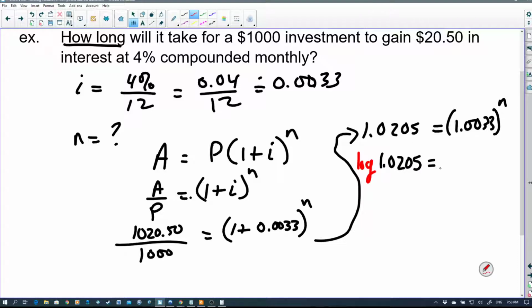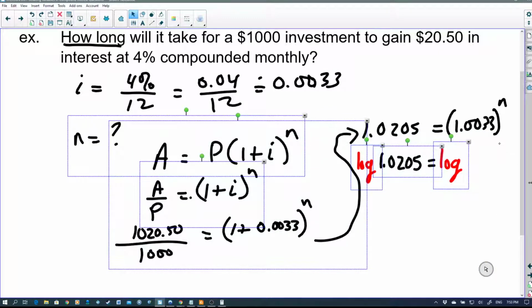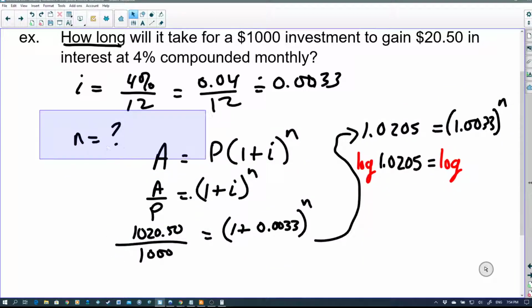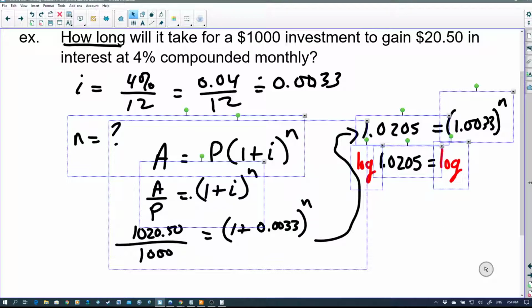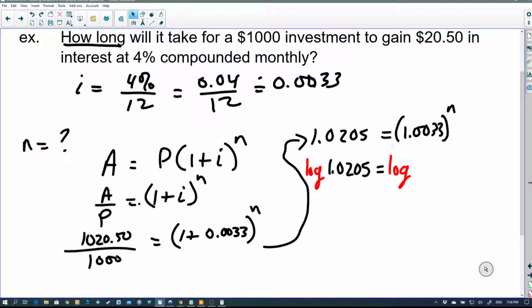Don't have a lot of room here. Oh, of course that would happen. Let's just move everything over a little bit. Give us a little bit more room. Okay, so log of 1.0033 to the power of n.